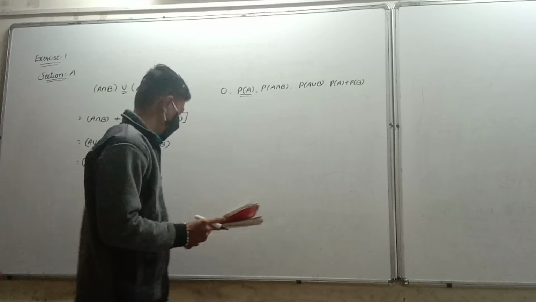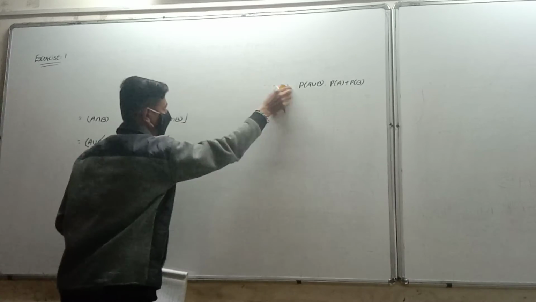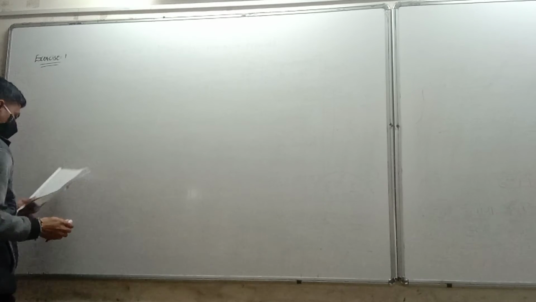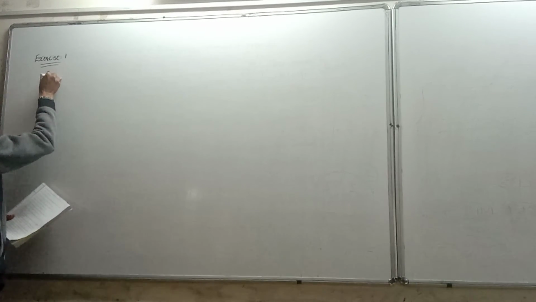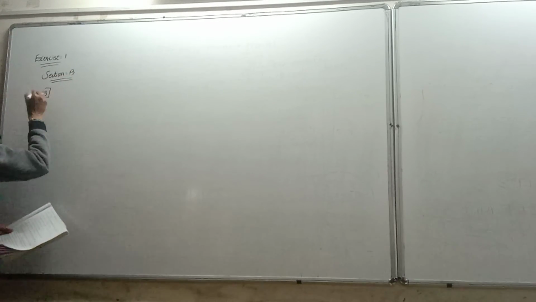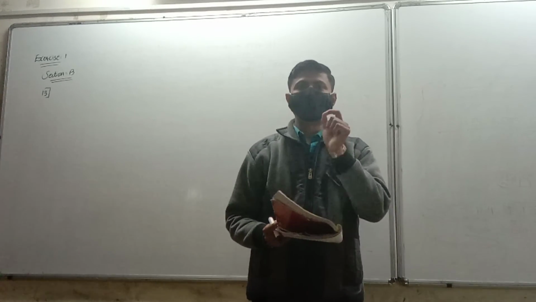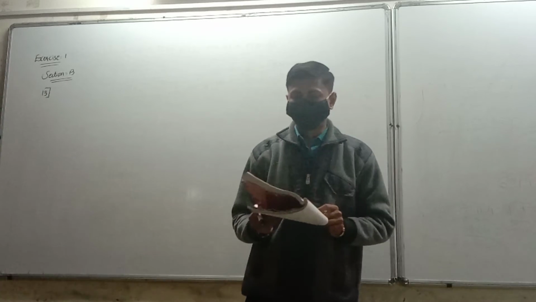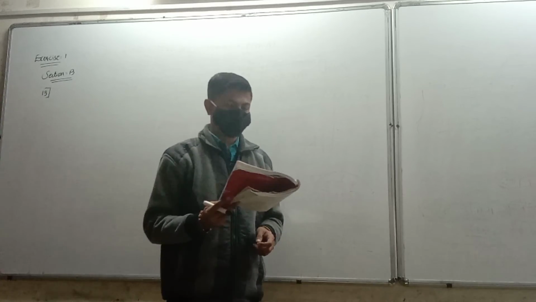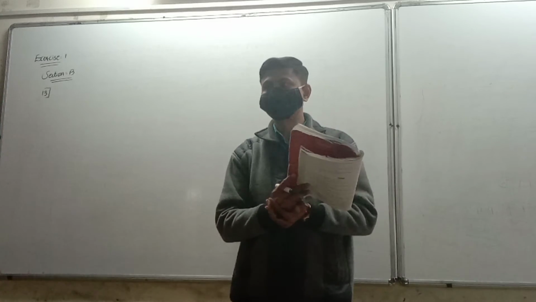13. Let's see question number 13 for Section B. For two events A and B in a sample space, A intersection B is equal to phi and A union B is equal to U. State the values of P of A intersection B and P of A union B. Let's see, what will be the value of both?